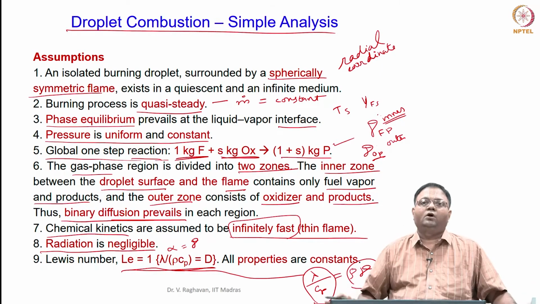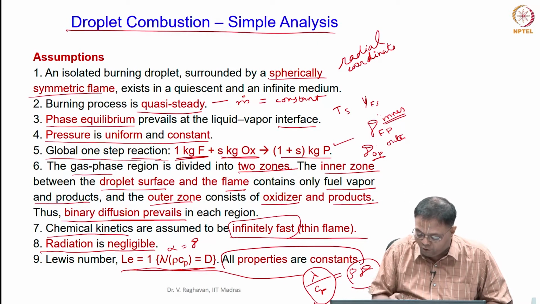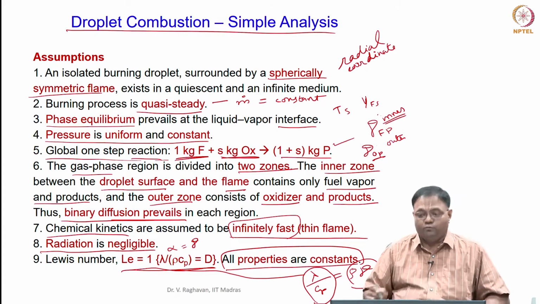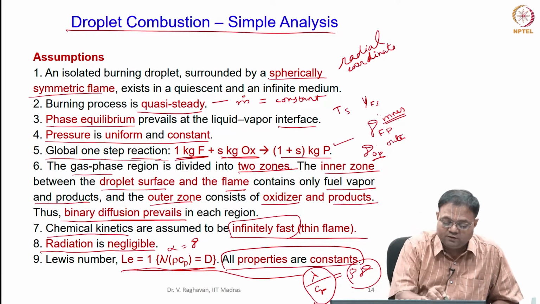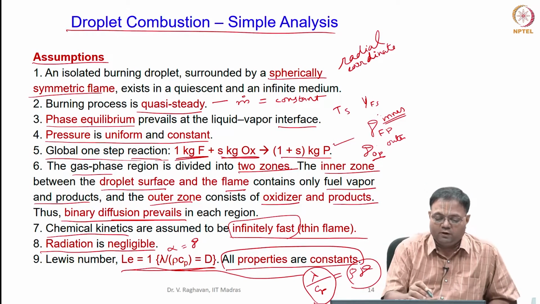I will say the driving forces are the same. Finally, I also assume that all the properties are constant. These are the set of assumptions made to simplify the complex problem of droplet combustion.